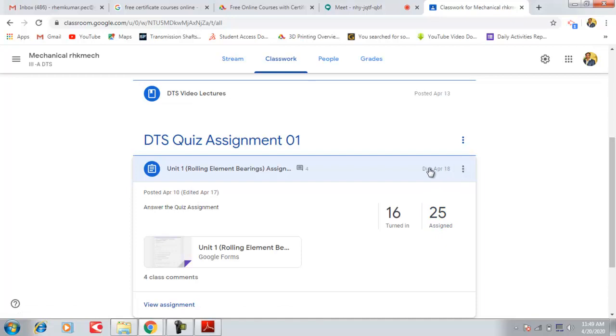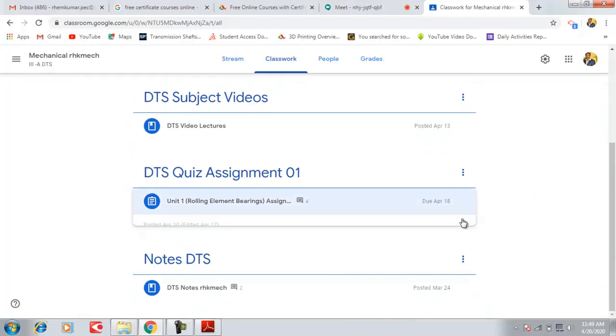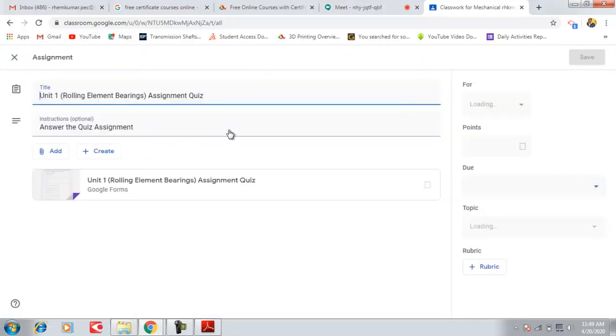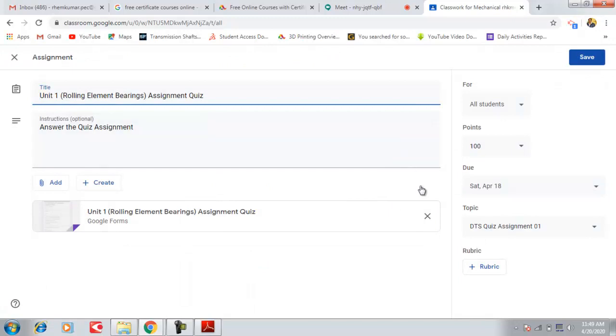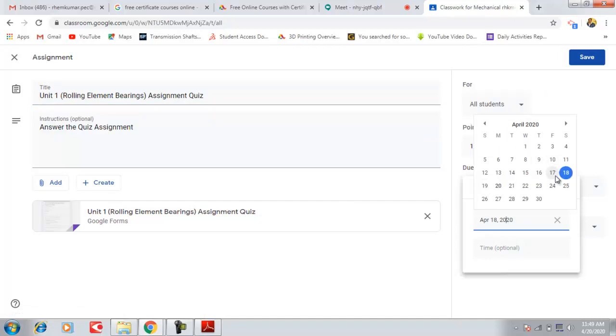I will change the setting and enable you to submit the assignment. You can just study the question and answer the assignment. I will enable the answers also soon, after a few people have submitted. I will change the due date also.